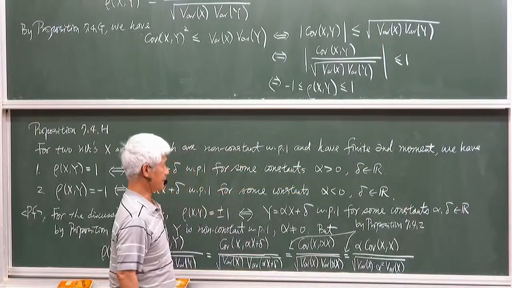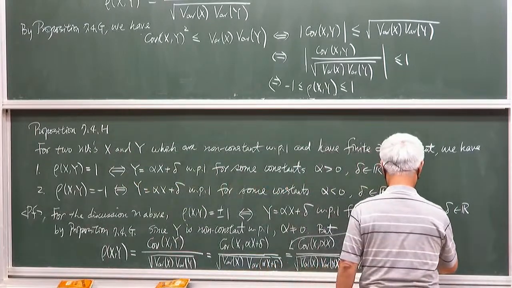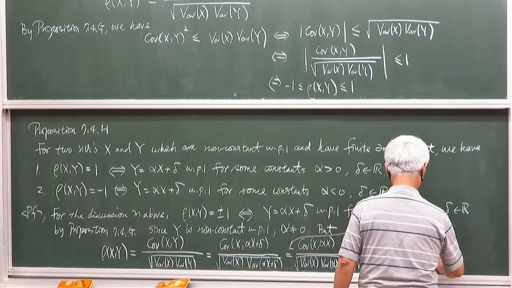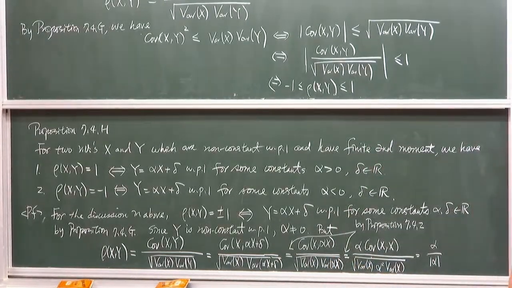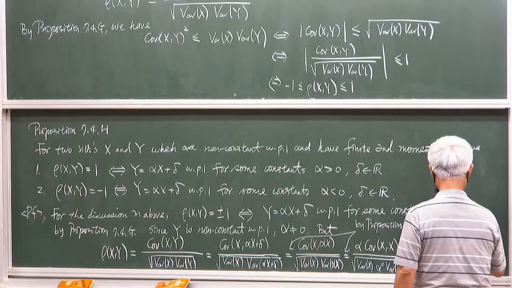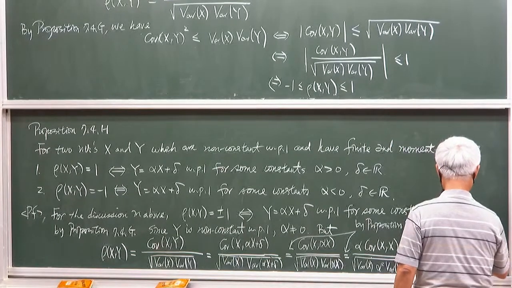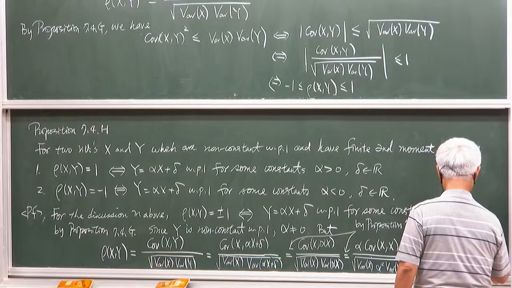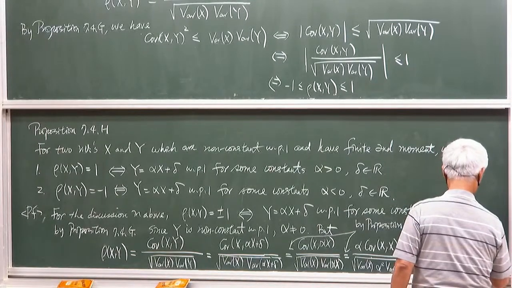So we have alpha over the square root of alpha squared. So this is plus 1 if and only if alpha is positive, and minus 1 if alpha is negative, and we have done.